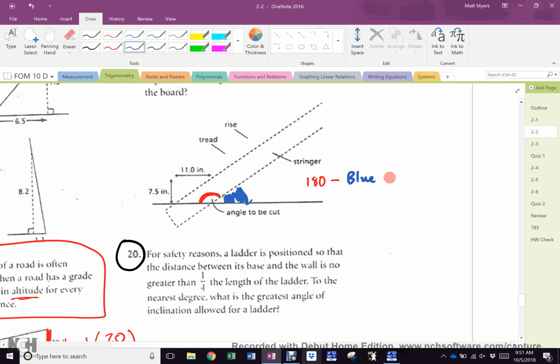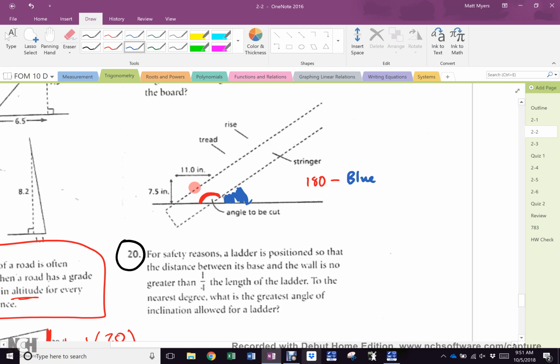Now, ladies and gentlemen, I know I didn't show you this, but if I told you that you had $180 and you spent some of it, how would you know how much you had left over? You would do subtraction. Should I have needed to show you this?